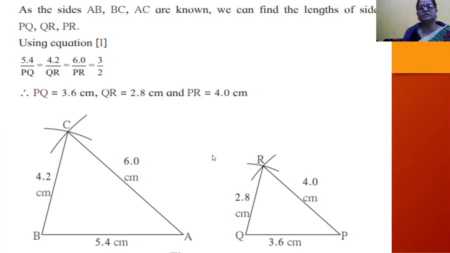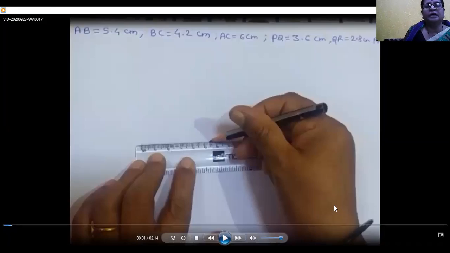How we have to construct it, we will see with this activity. First of all, you have to take the base of the triangle ABC, that is AB, and the measure is 5.4 centimeter.